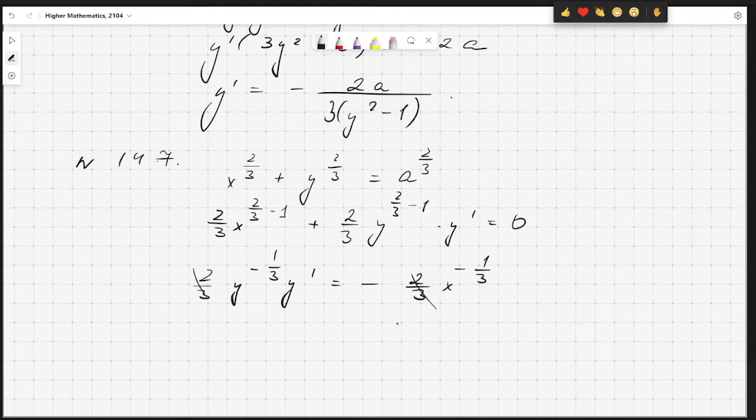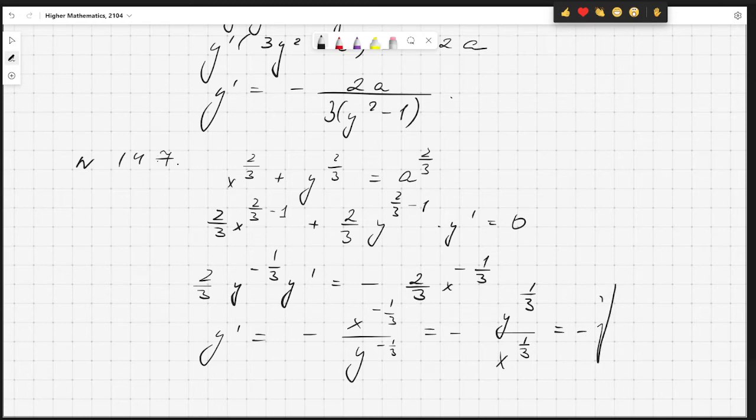From this 2 over 3 take out, and we have y prime is minus x to the power minus 1 over 3 over y to the power minus 1 over 3, or minus y to the power of plus 1 over 3 over x to the power of plus 1 over 3, or minus cube root of y over x. Clear?